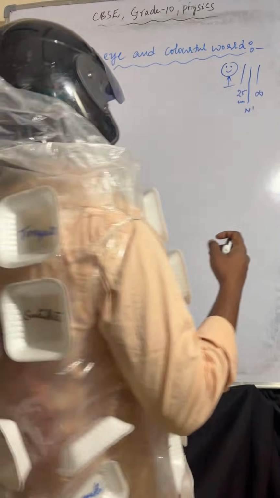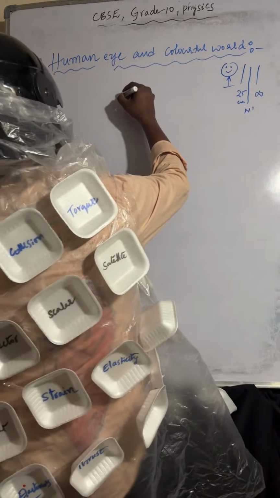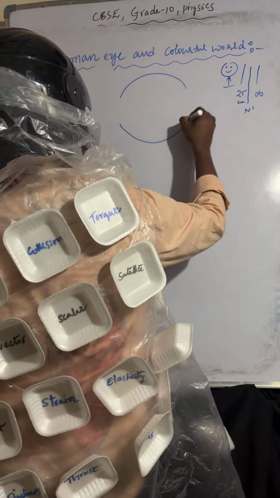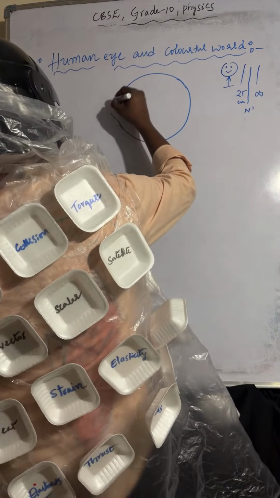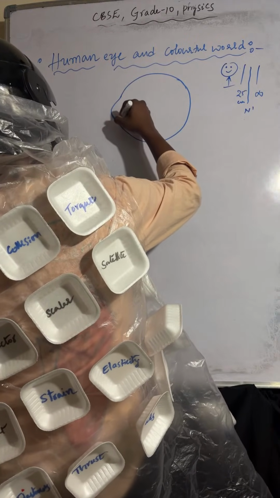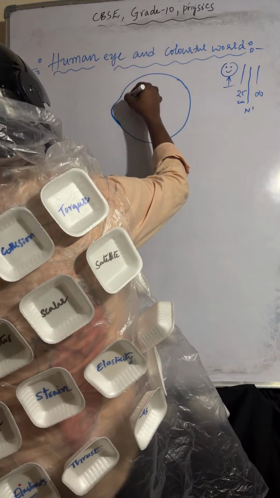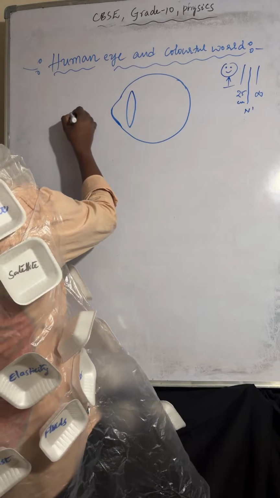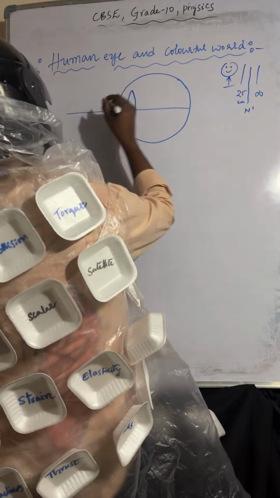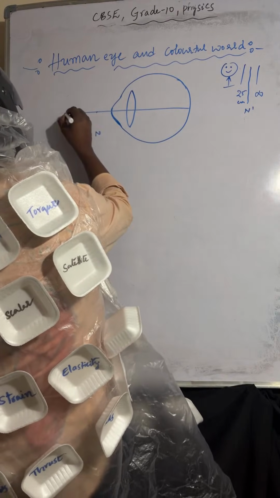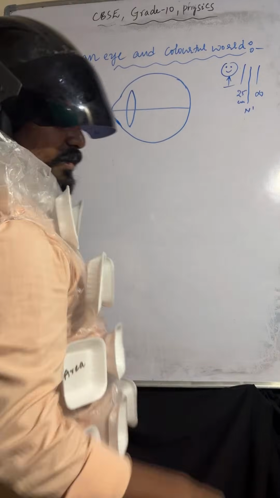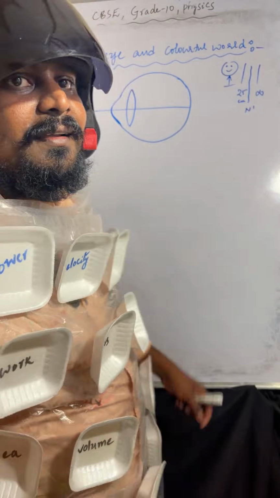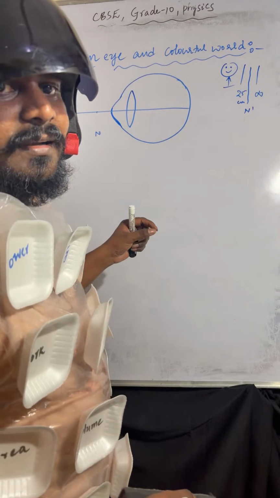So let's draw the diagram. I am taking it like this. This is the near point and this one is the far point.